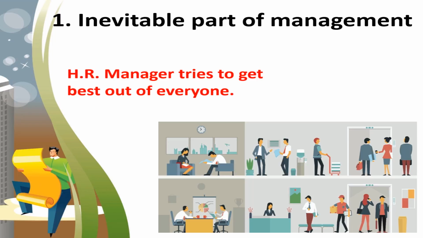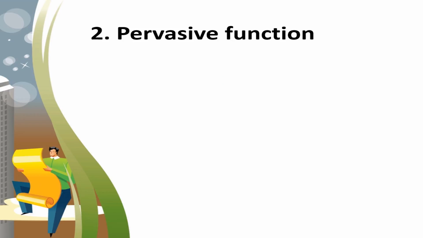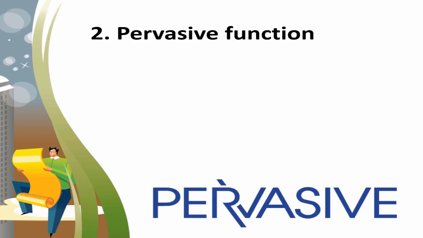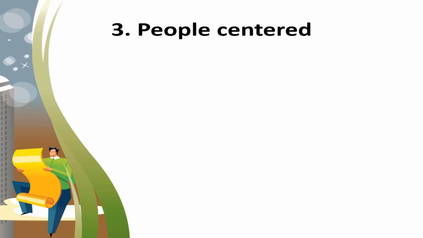Next is pervasive function. It is a pervasive function, which implies that each individual in the organization, from top to lower level, is required to perform this function on a continuous basis. Next is people-centered.